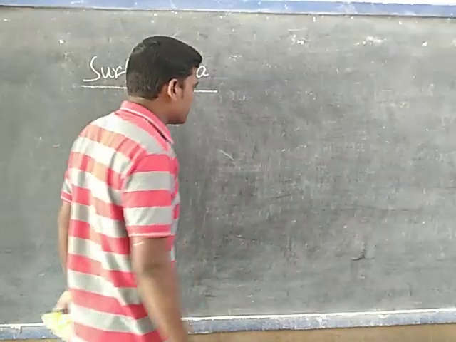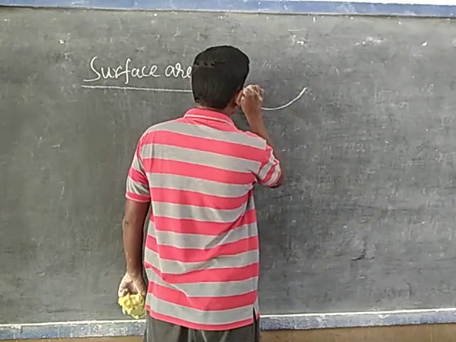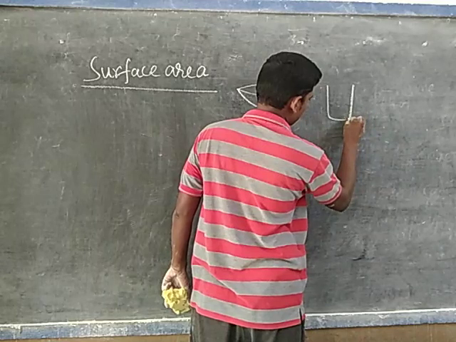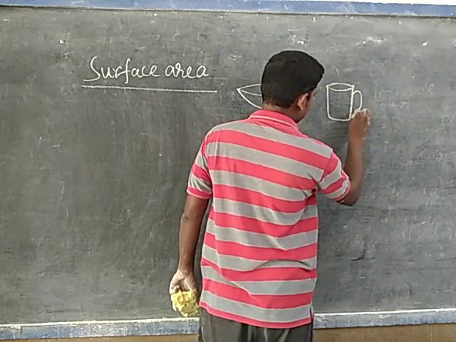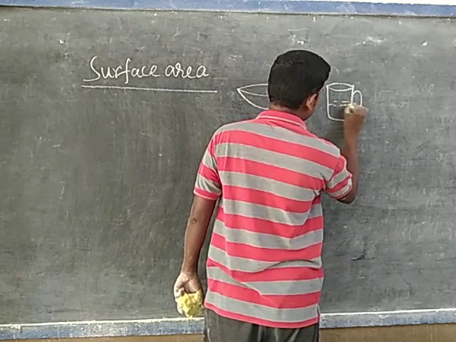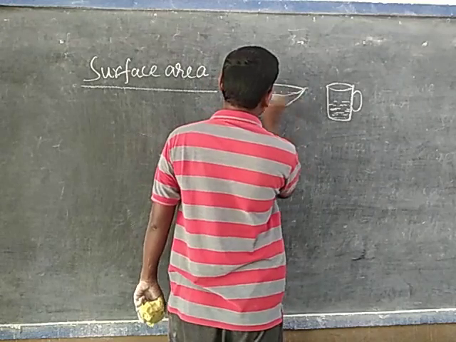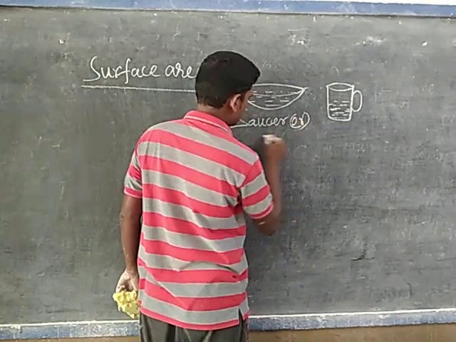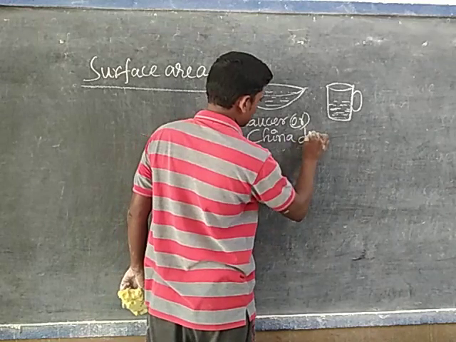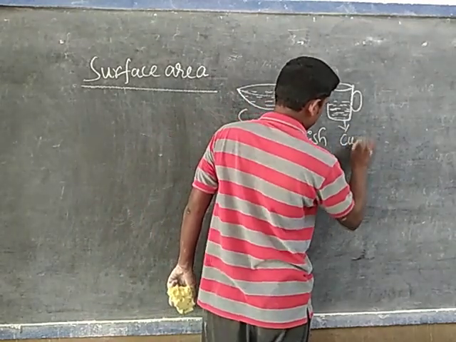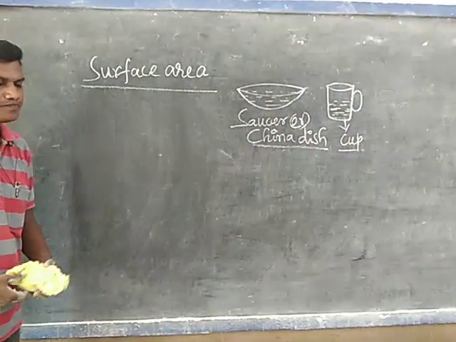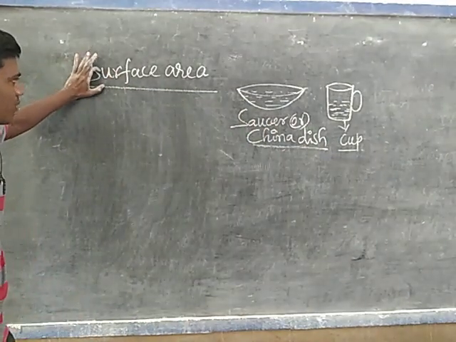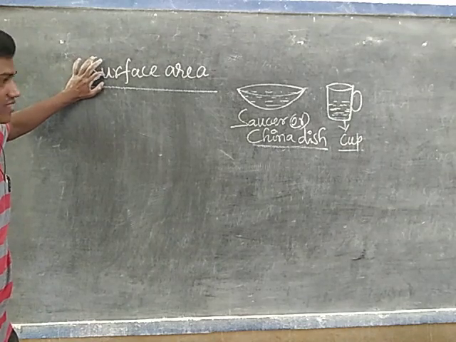For this, there is an activity. How to find how evaporation depends upon the surface area, and what is the relation between them, we discuss with the help of this small activity.